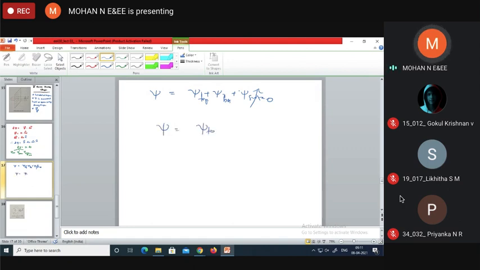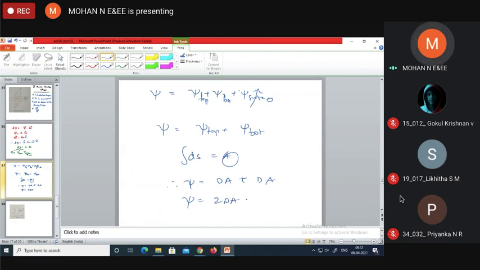So phi will be equal to the integral of D dot dS, which is D times A for the top surface and D times A for the bottom surface.